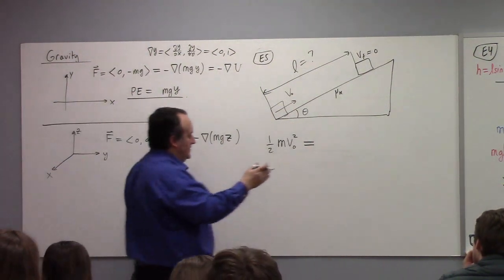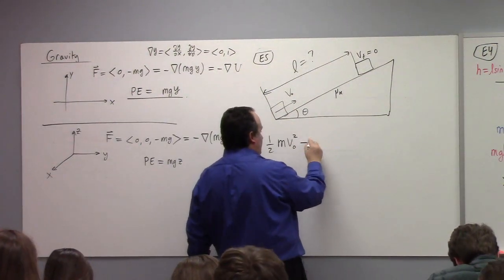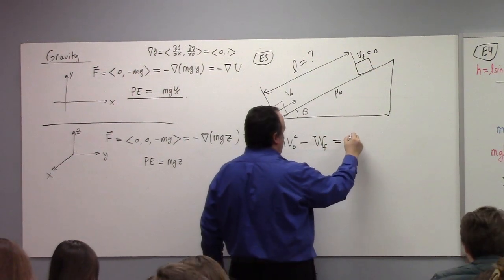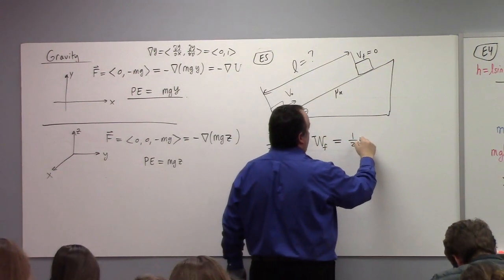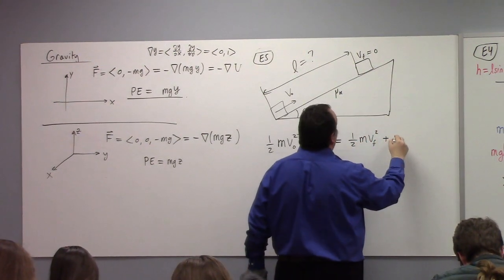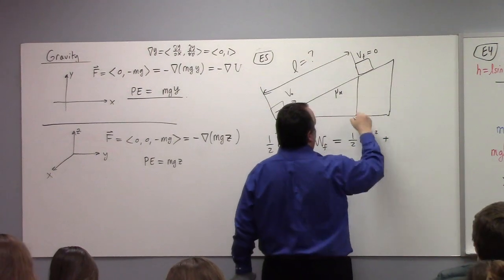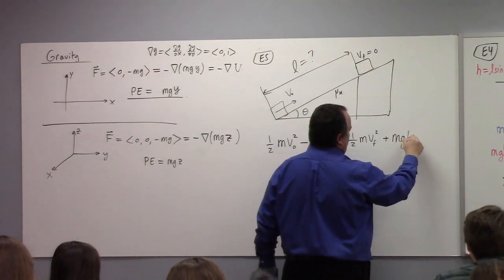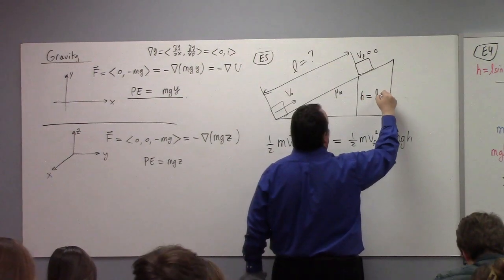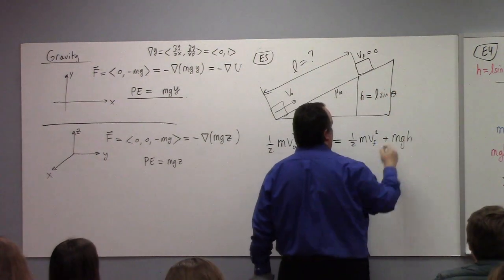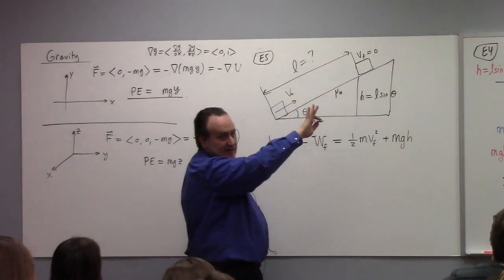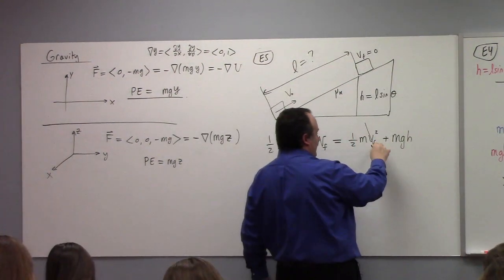This minus the work done by friction has to be equal to 1/2 m vf squared plus what? mgh. Of course, the h here we know is L sine theta, right? And as you told me, at the highest point, vf is 0.